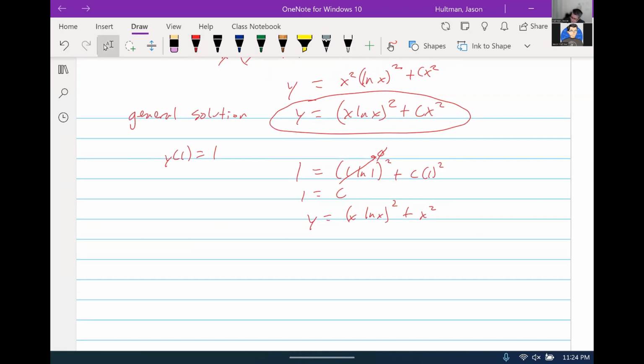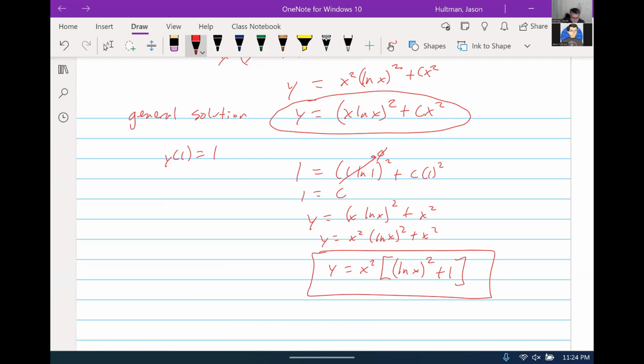And I could leave it like that, or I could maybe pull out the x squared. So y equals x squared ln x squared plus x squared. So then we get y equals x squared times the quantity natural log of x squared plus 1.